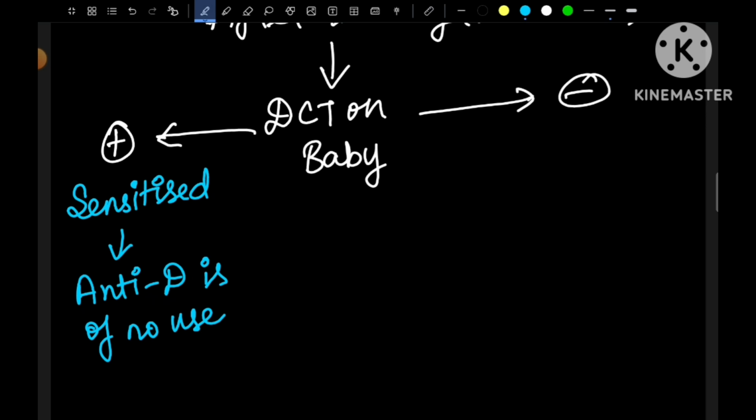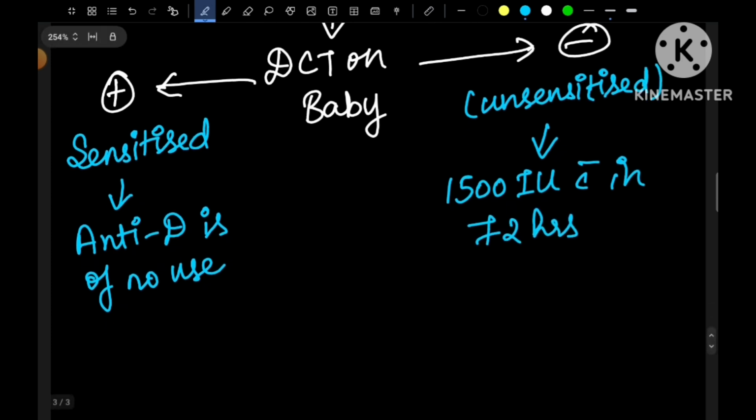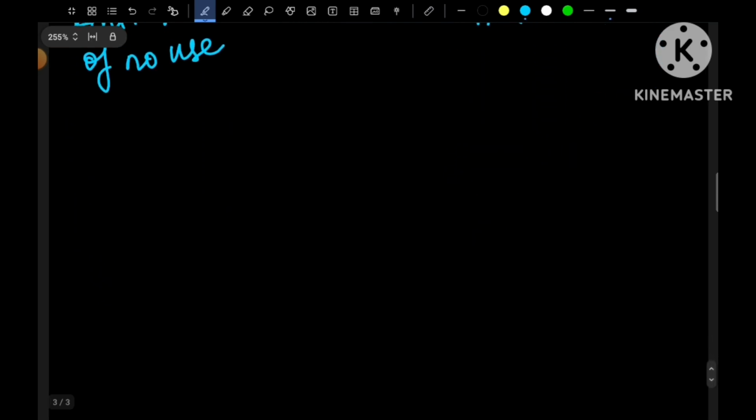But if it is negative, then it means the baby is unsensitized. What we have to do is give the 300 microgram. This is nothing but 1500 international units within 72 hours. You have to give it within 72 hours. Okay, guys?